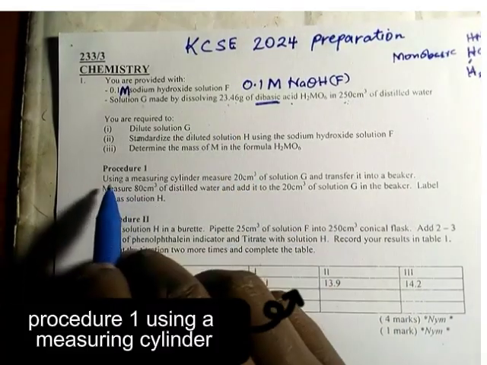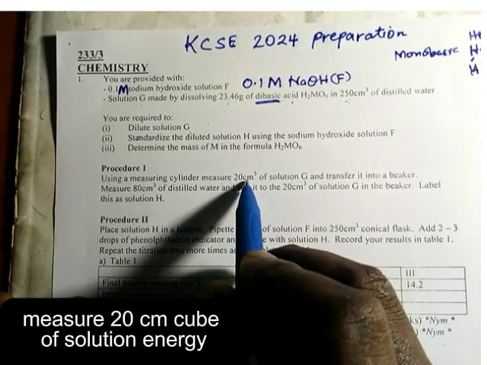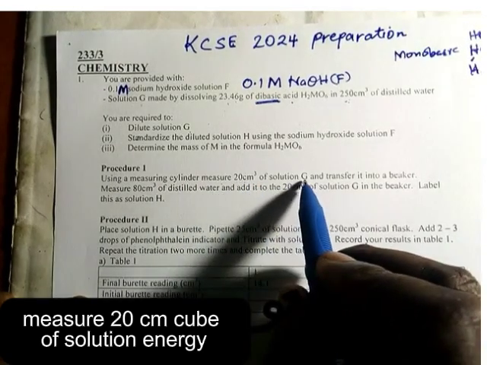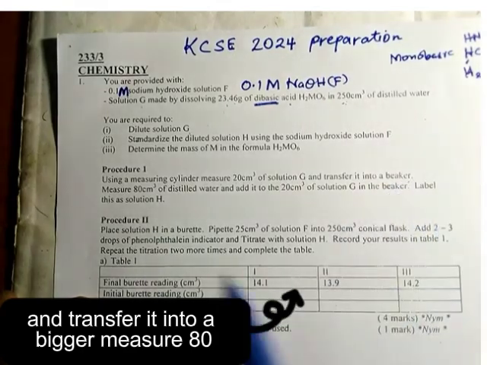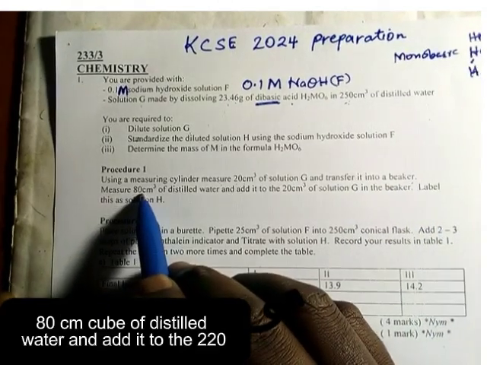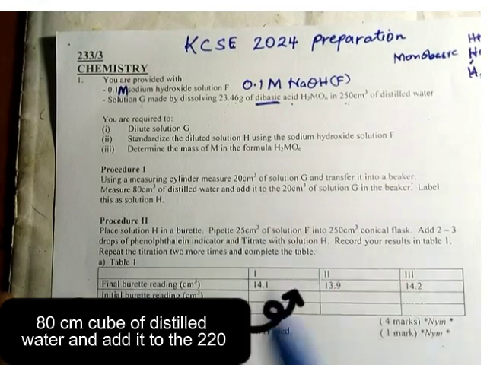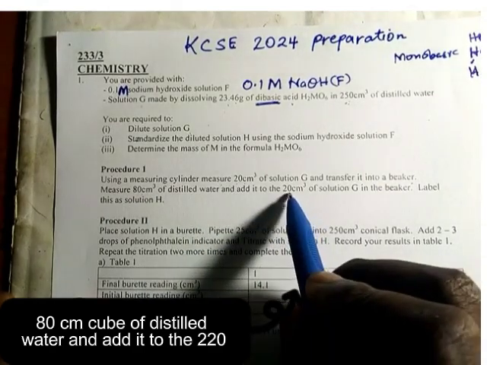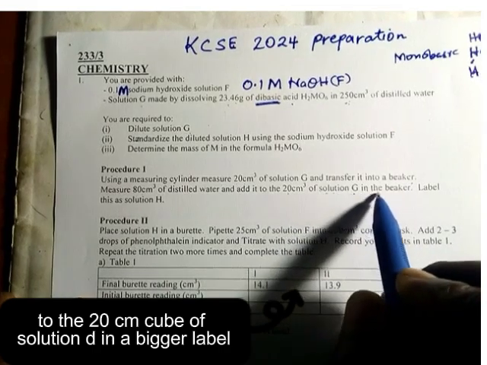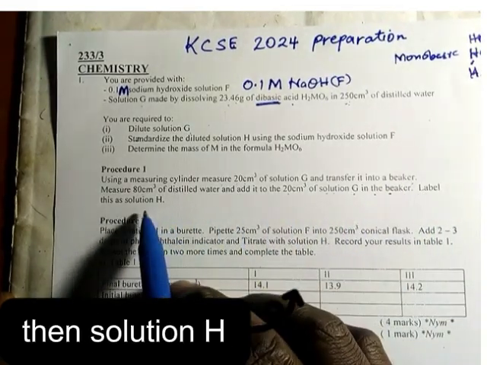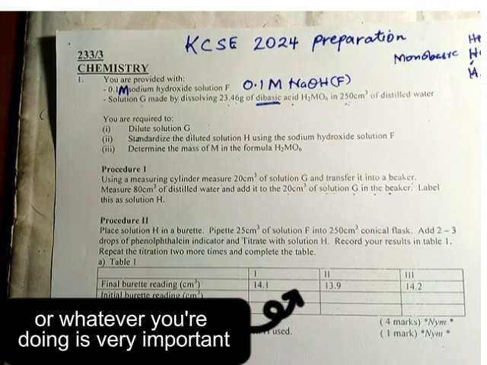Procedure 1. Using a measuring cylinder, measure 20 centimeters cube of solution G and transfer it into a beaker. Measure 80 centimeters cube of distilled water and add it to the 20 centimeters cube of solution G in the beaker. Label the solution H. Understanding the procedure is very important.